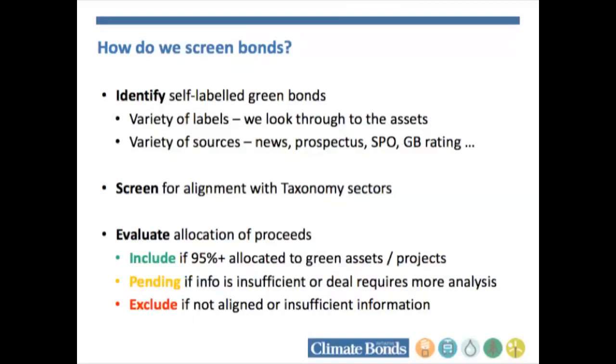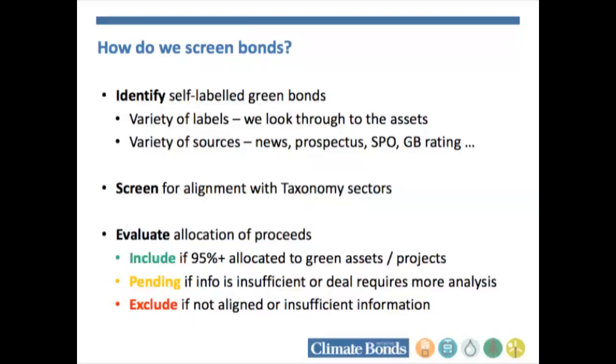So what we do is we look through to the asset. We search for this label in a variety of documents. So it could be in a press release, it could be in the bond prospectus, which is the offering document for the bond. It could be in a second party opinion. It could be in a green bond rating provided by a rating agency.